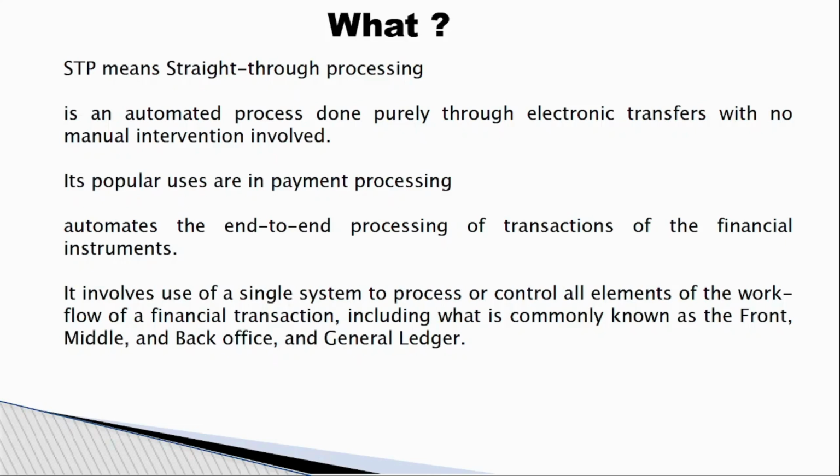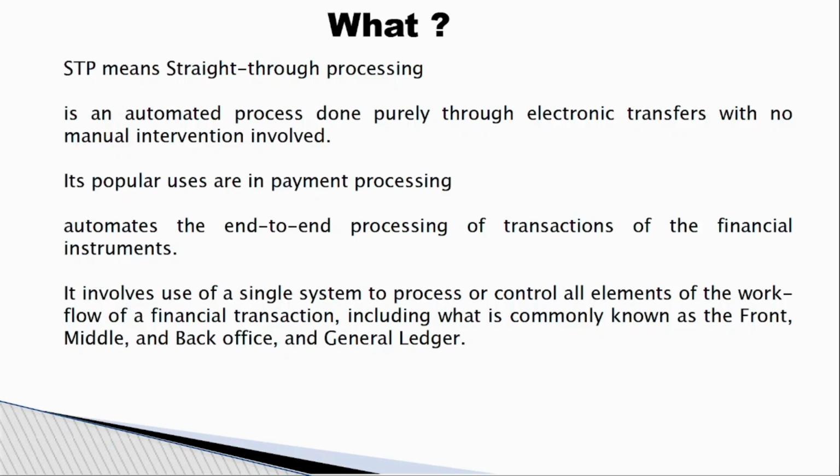So popularly, these STPs will be used in processing of payments. For example, transfer from one bank to another bank, one account to another account, one customer to another customer. Nowadays you can see NEFT, RTGS, IMPS, all these are straight through process.